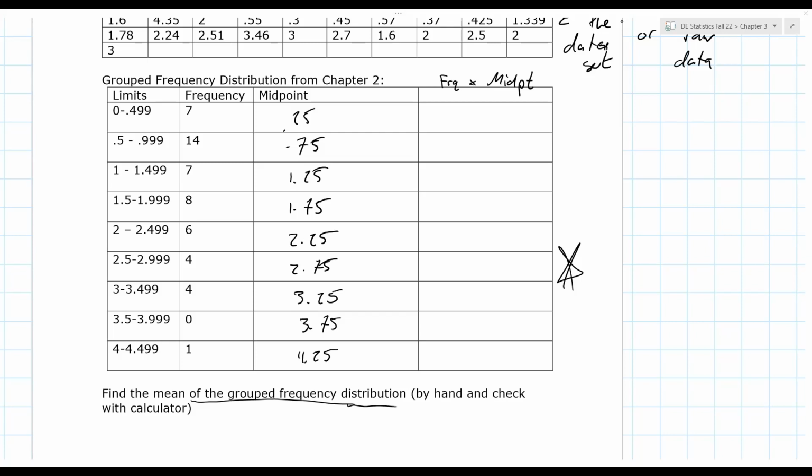So list one times list two. And then when I hit enter, it's going to go down all of the data points I have in list one and multiply it by the data in list two. And there we go. So now I'm still showing my work. I'm still doing it by hand, but I'm getting a little help from my calculator to make it easier on myself.